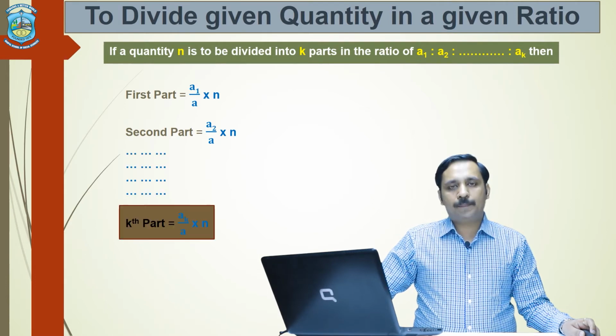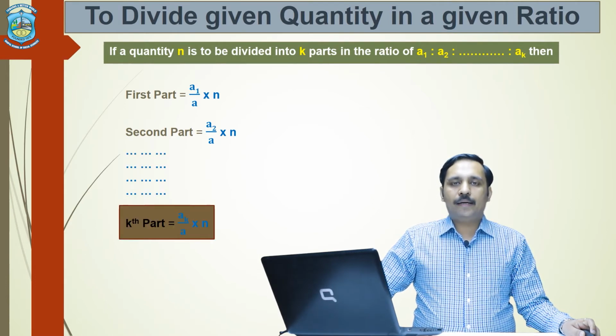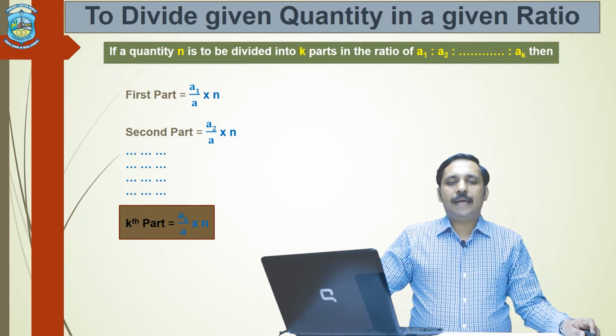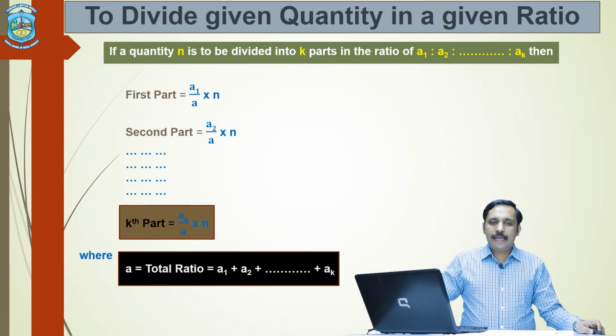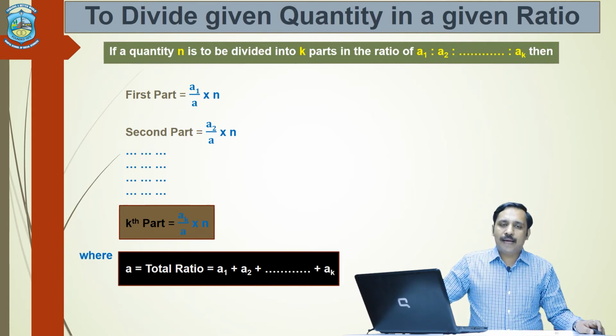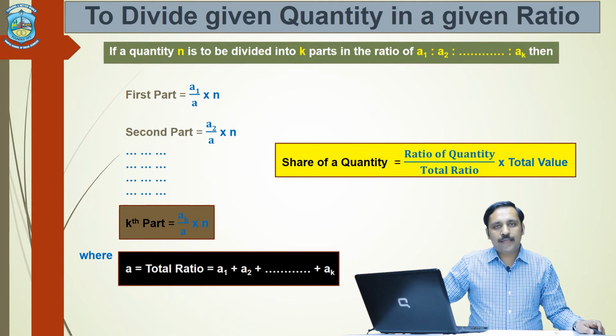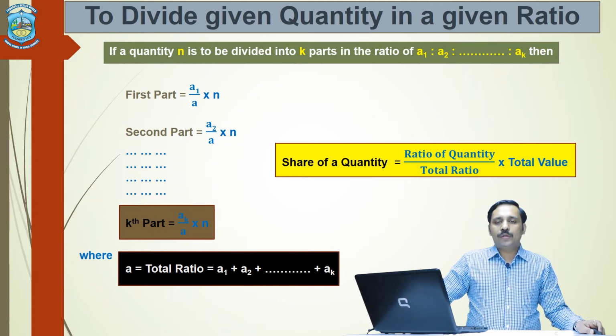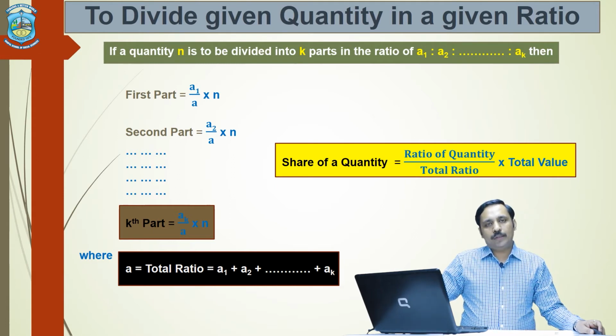The value of the kth part is ak divided by a multiplied by n, where the value of small a is nothing but the total of all the ratios, that is a1 plus a2 plus a3 up till ak. Here we conclude that if we want to divide a quantity, then the share of a quantity is the ratio of that quantity divided by the total ratio multiplied by the total value.